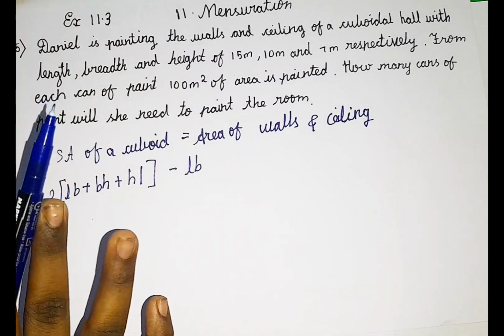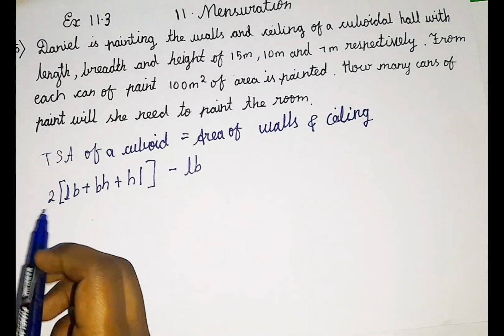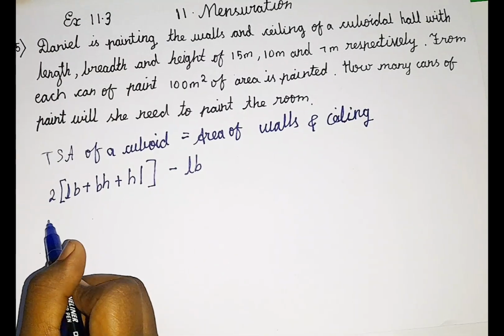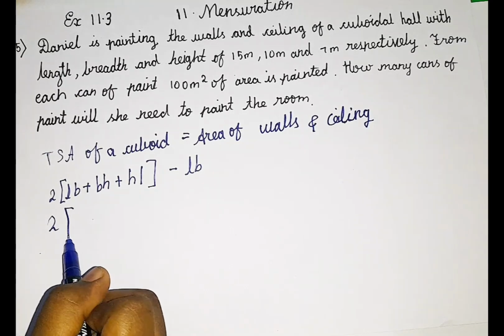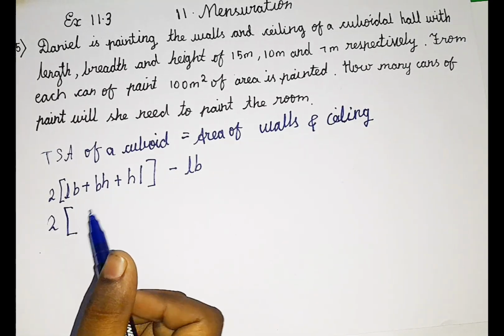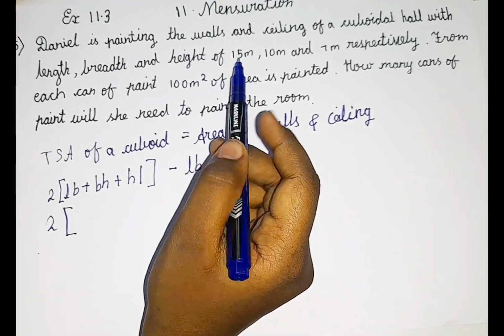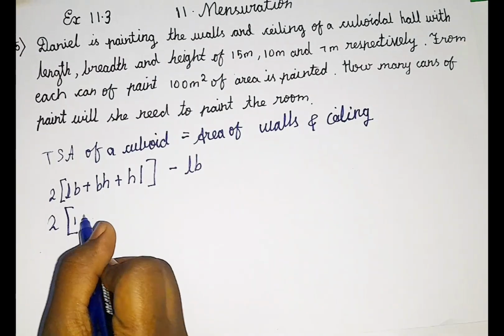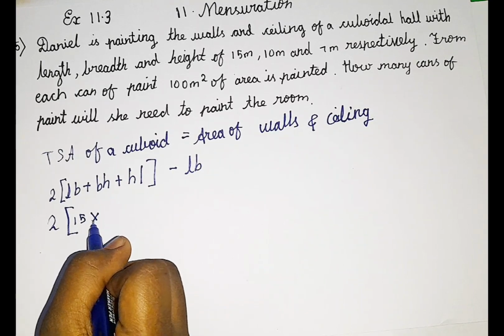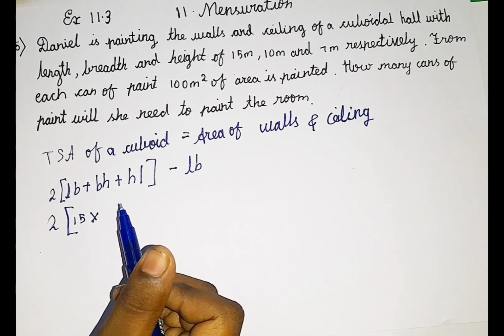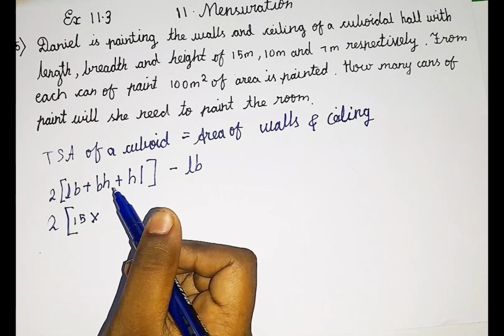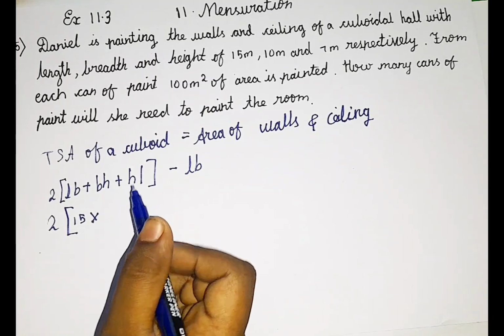Okay, so now we shall solve this. So what is the value of L? L is length, am I right? So here they gave length, breadth and height. So first length value is 15 into breadth. The value of the breadth is 10.